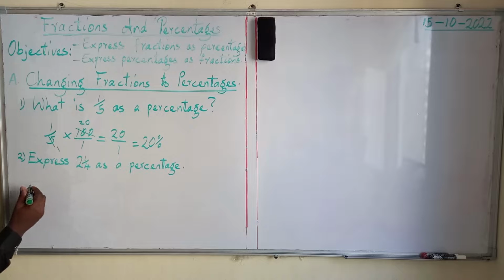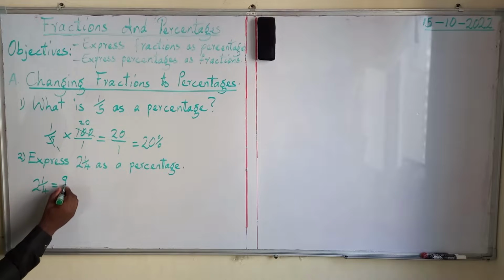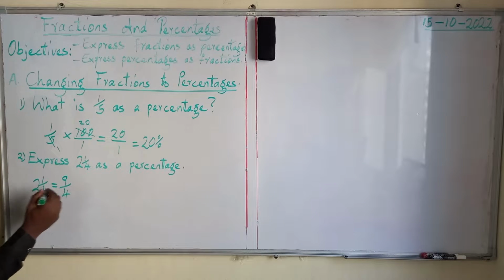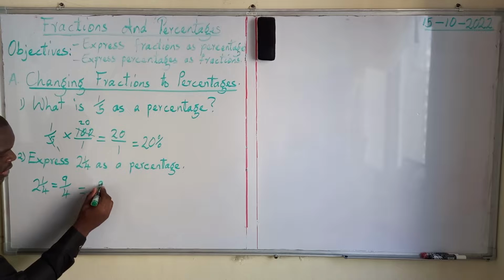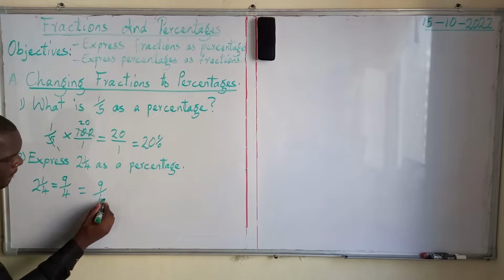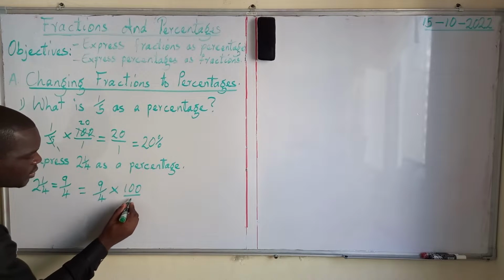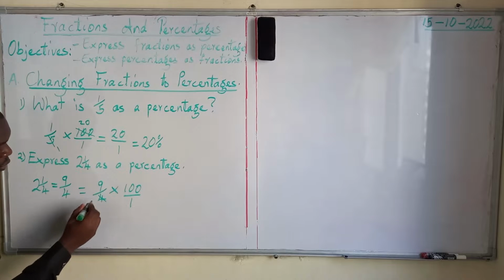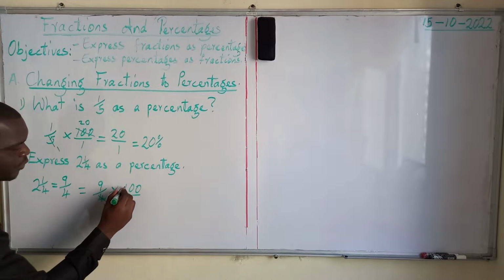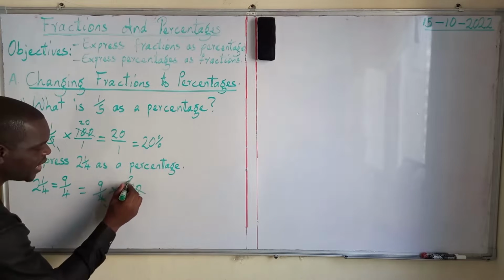What is the first thing to do? We change 2 1/4 to an improper fraction: 4 times 2 is 8, 8 plus 1 is 9. It will be 9 over 4. We should remember that we are multiplying 9 over 4 by 100 over 1, and we simplify. 4 can divide itself one time, and 4 can divide 100 twenty-five times.